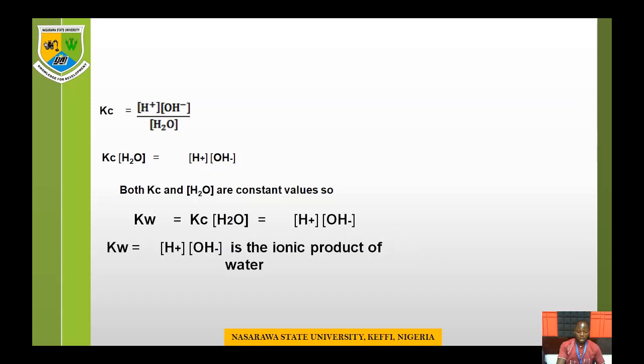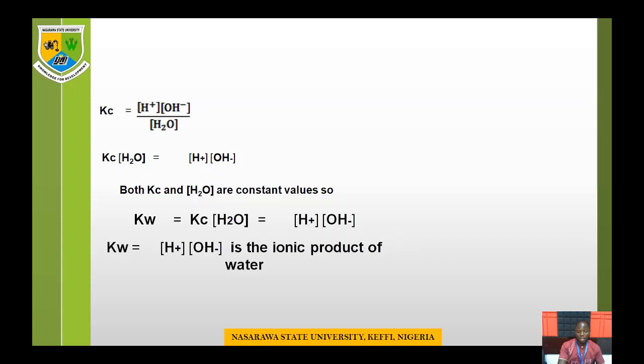So, like I said earlier, the equilibrium constant, which is given as the concentration of hydrogen ions multiplied by the concentration of hydroxy ions divided by the concentration of water, is changed to the equilibrium constant of water.